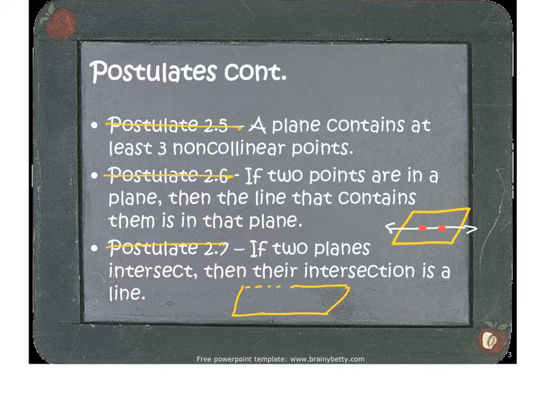Draw one on top. Well, let's see if we can make it look like it's behind. So their intersection would be a line. It could be like this.